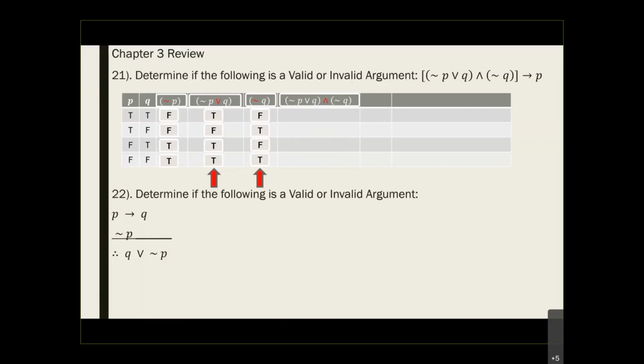For the and statement, as long as one of them is false, the result is false. The first 3 items I see a false, the last item I don't, that's why it's true. The only time and is true is when both of them are true.